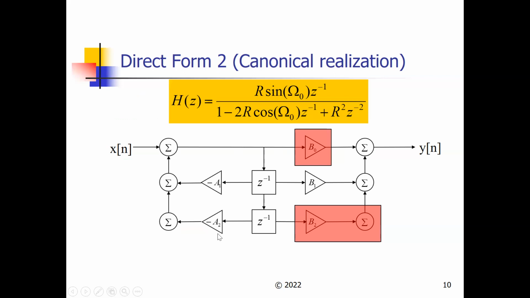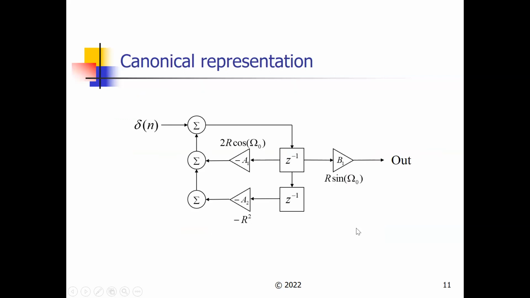And A2 is r squared, so this is going to be minus r squared. Following? Yes? Yeah, no, maybe? All right. So this is the representation of it.